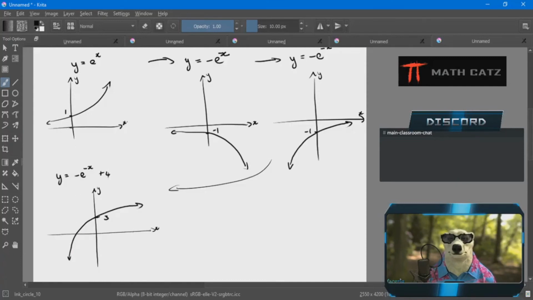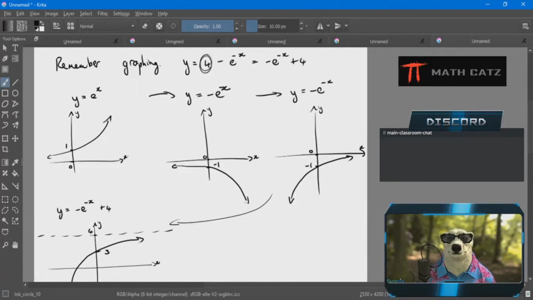The x-axis, which was at y equal to 0, was a horizontal asymptote. It's still a horizontal asymptote in the second one. It's still a horizontal asymptote in the third one. When I shift it up, that horizontal asymptote is now going to sit at 4. It's going to shift up and sit at 4. And that's the situation I have here.